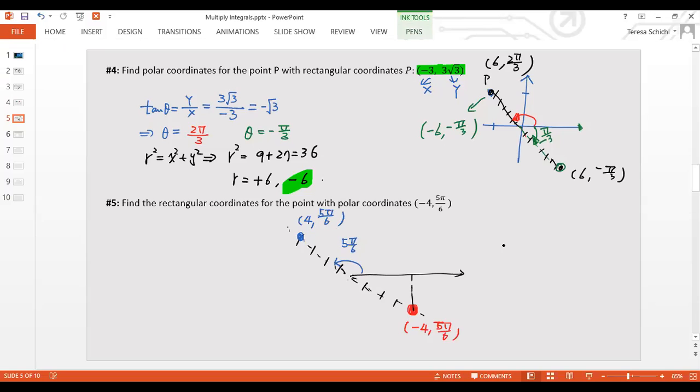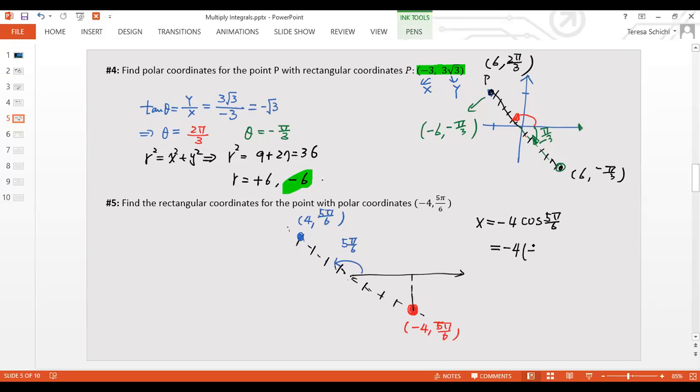The x here is r cosine, so it's -4 cosine 5 pi over 6. So this is -4 cosine 5 pi over 6.